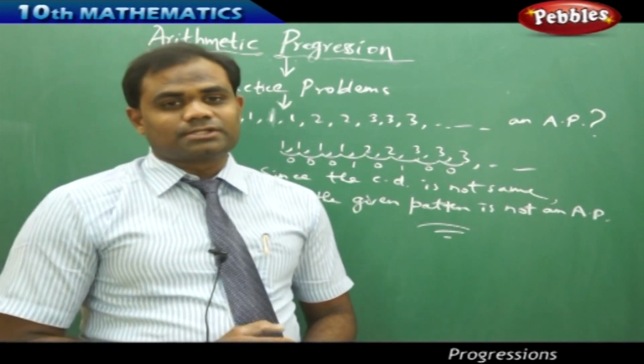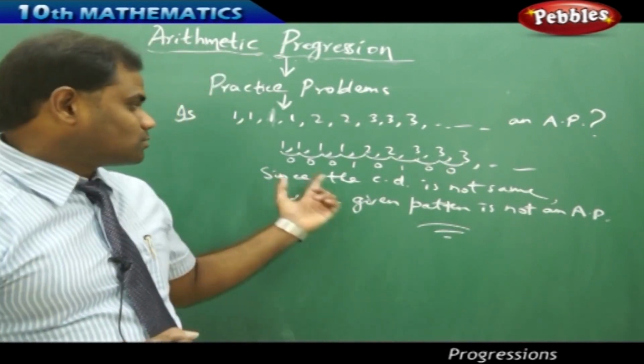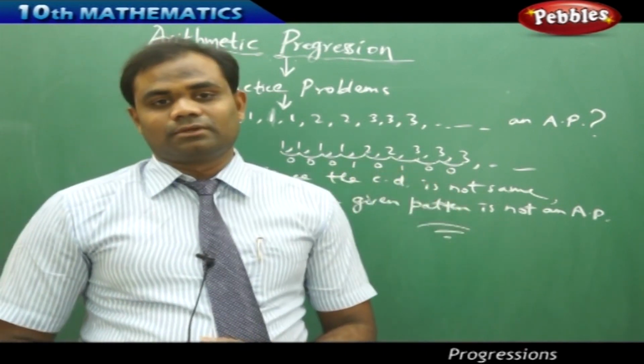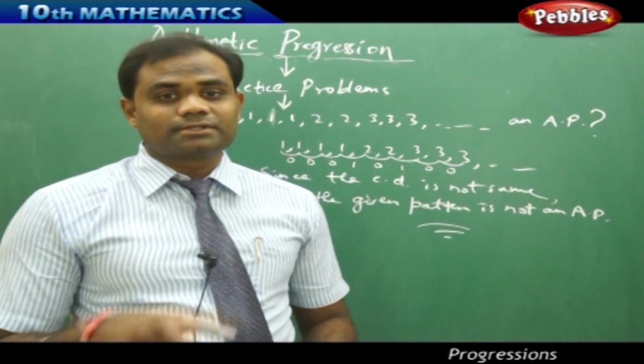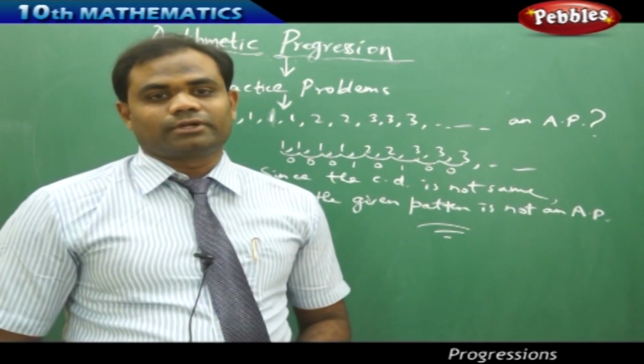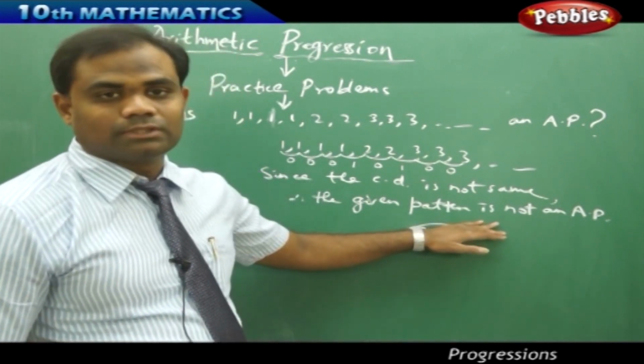Therefore, if the question is given, we identify the sequence to have the common difference same. Common difference not same, not an arithmetic progression. Common difference same, an arithmetic progression, is how we conclude in this case.